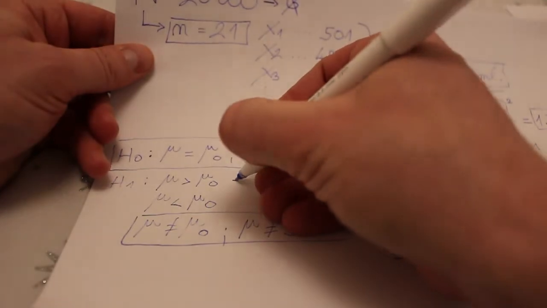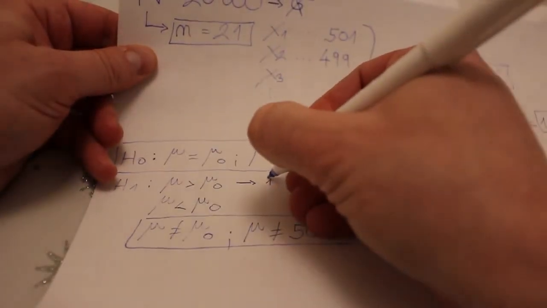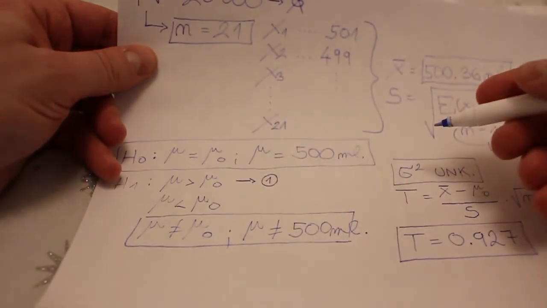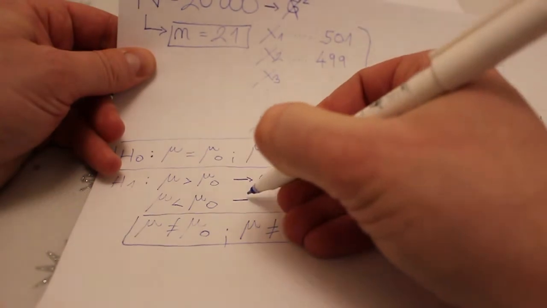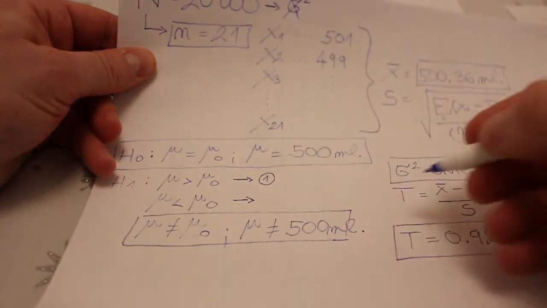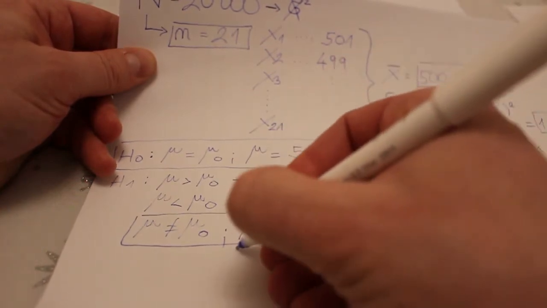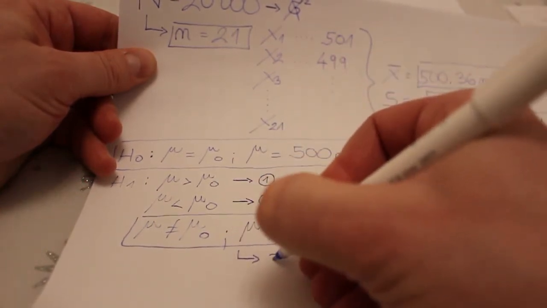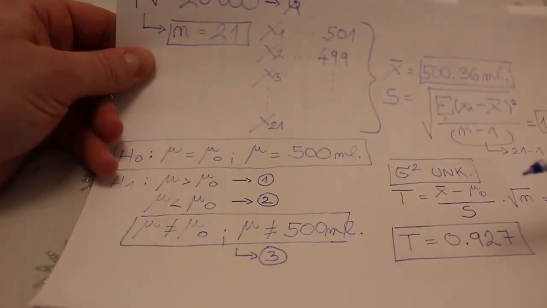If you select the first type of alternative hypothesis, you must select the first row of the rejection region. If you select the second type, you must select the second row. And because we selected the third type, we must check the third type of the rejection region.